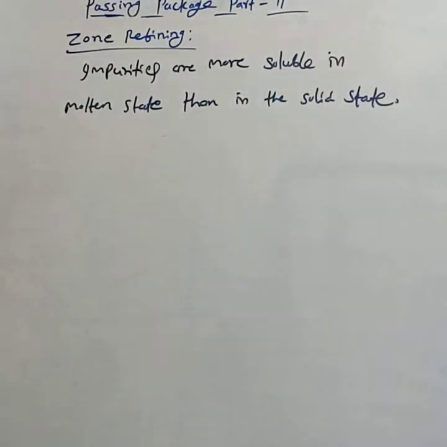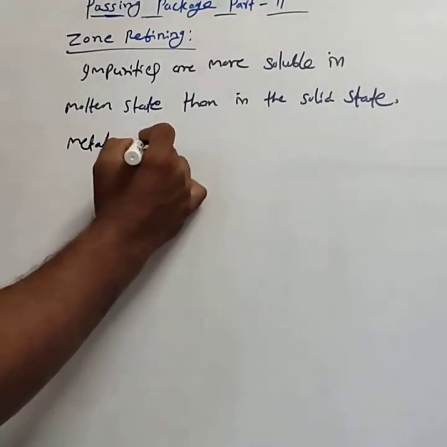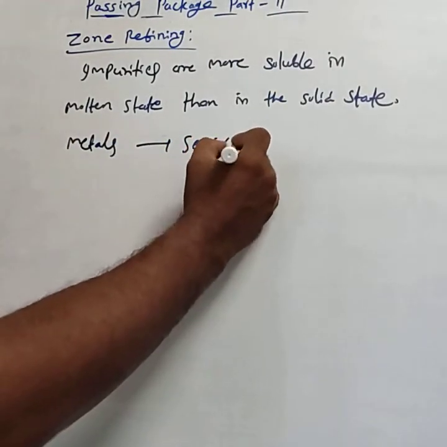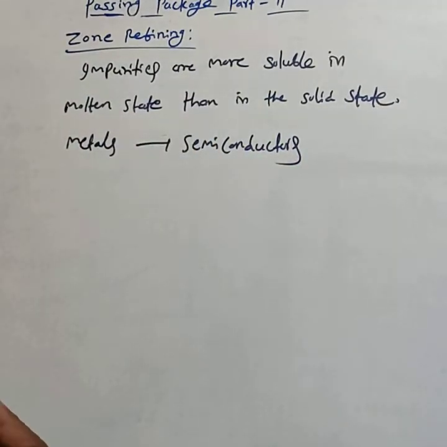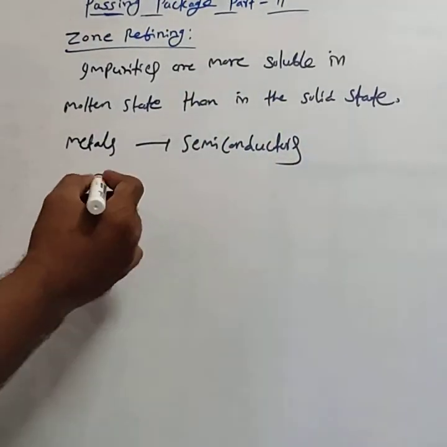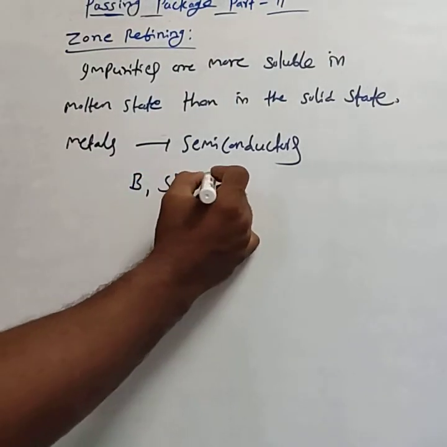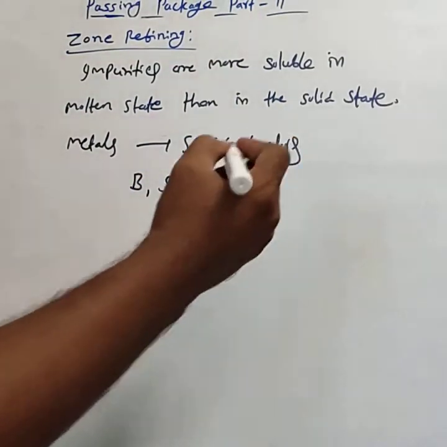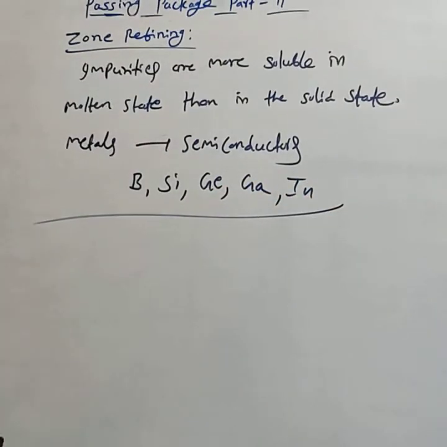Then, which metals can be refined by using the zone refining process? The metals which are used in semiconductors, like boron, silicon, germanium, gallium, or indium. These metals can be purified by using the zone refining process.